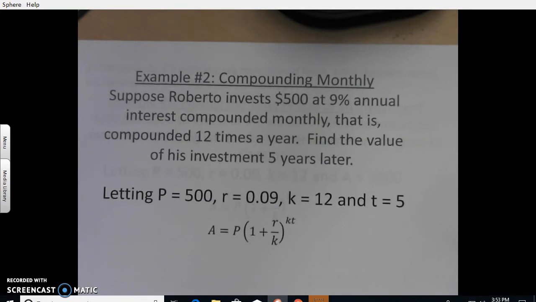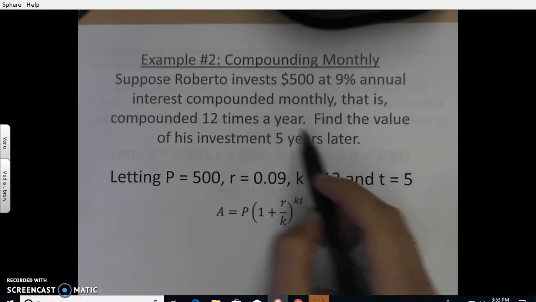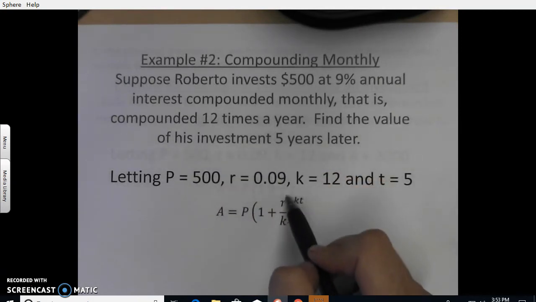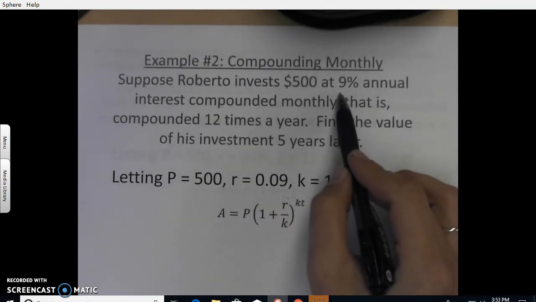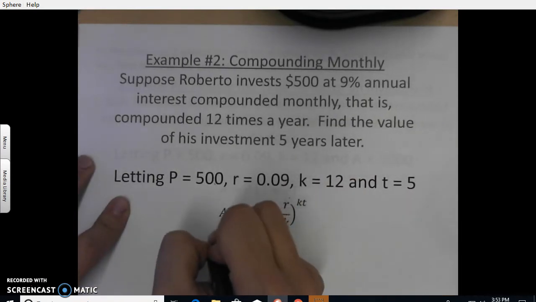Suppose Roberto invests $500 at 9% annual interest compounded monthly, that is compounded 12 times a year. Find the value of his investment 5 years later. So K is 12 because we are compounded 12 times a year. R is 0.09 because our interest rate is 9%. P is 500. Let's plug in.